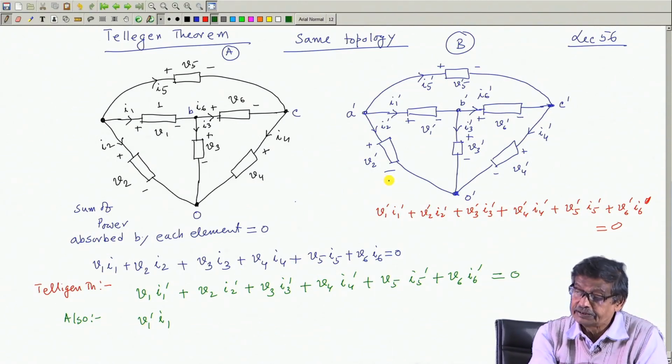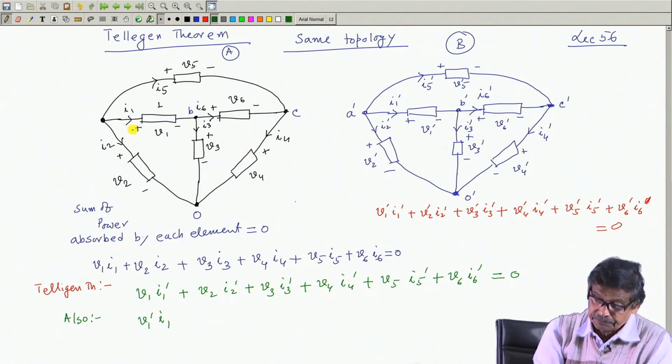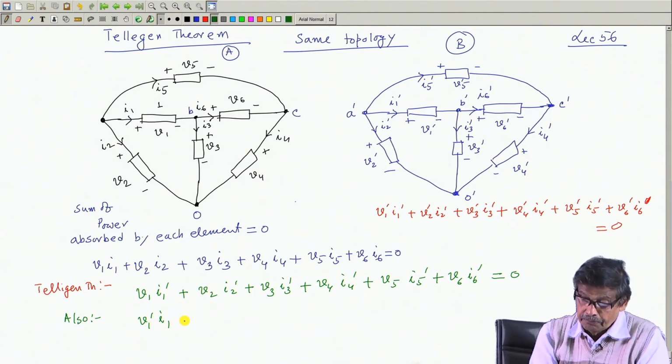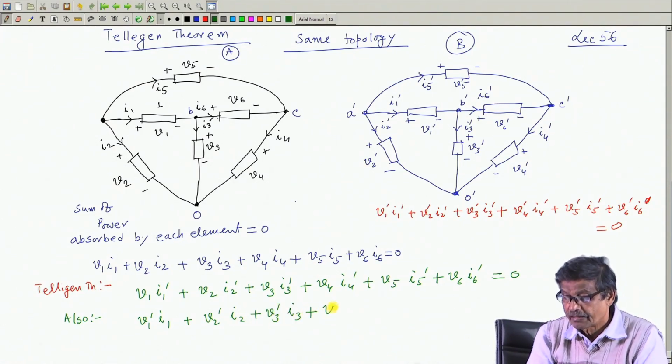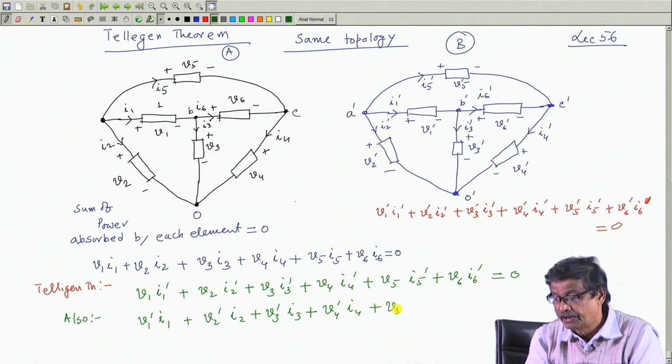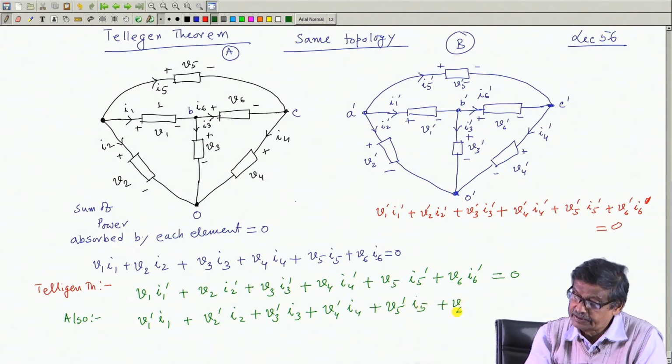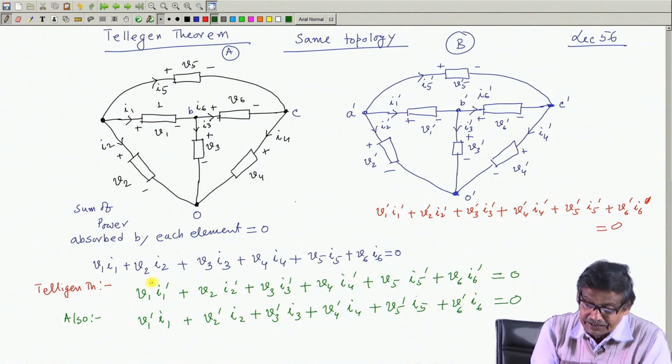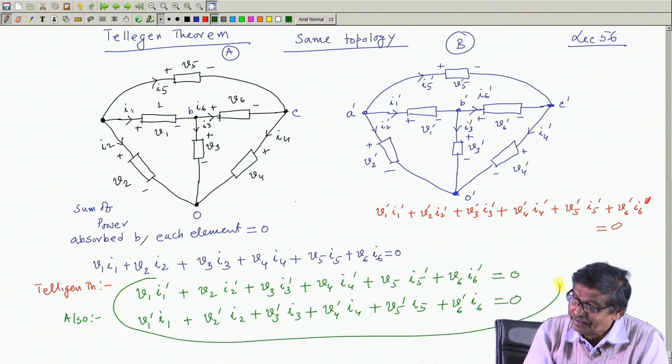So, V 1 dashed into I 1 plus V 2 dashed into I 2 plus V 3 dashed into I 3 plus V 4 dashed into I 4 plus V 5 dashed into I 5 plus V 6 dashed into I 6, that will be also equal to 0. That is the new thing.